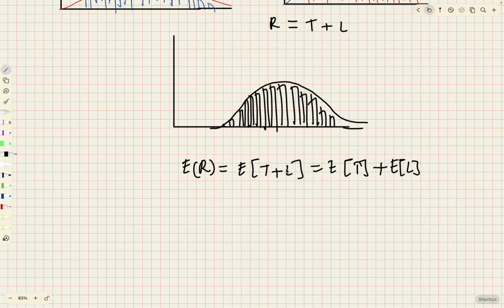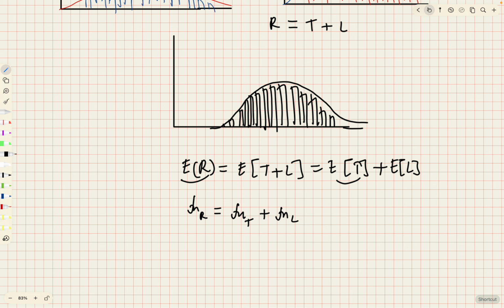This is basically the mean of the distribution: the mean of the processing time distribution, and the mean of the latency distribution. So basically mu R is mu T plus mu L, as you can see.